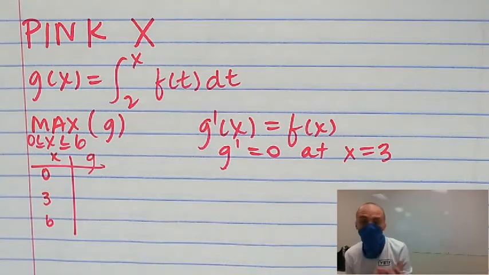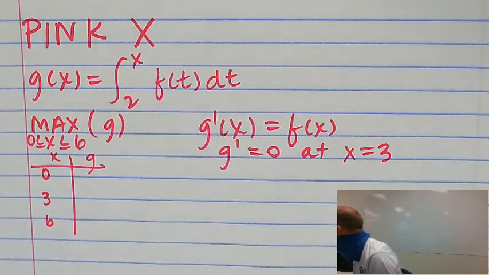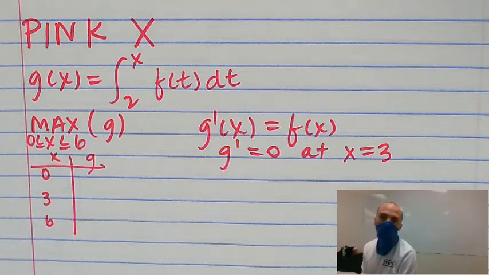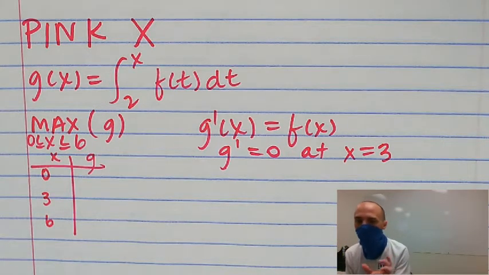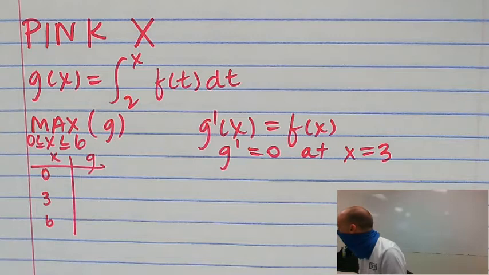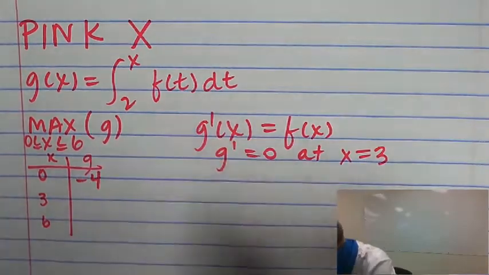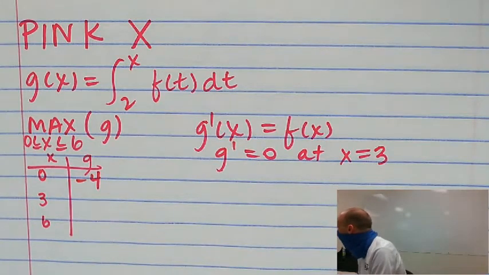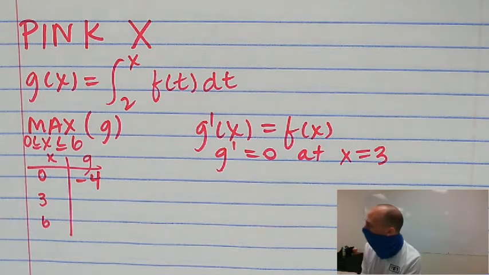And for g, we just have to count the integral from 2 to x. So the integral from 2 back to 0 is going to be -4 because it's the area of that rectangle as you move backwards. Area is 4, but you're moving backwards, so it's going to be -4. Okay. G of 3 is going to be, I'm going to add, which has a base of 1 and a height of 2, so that's going to be 1.